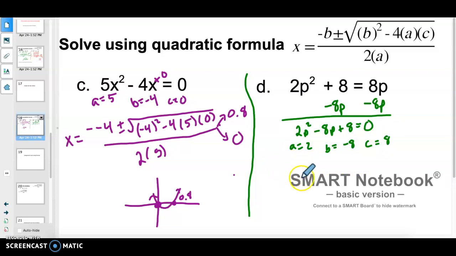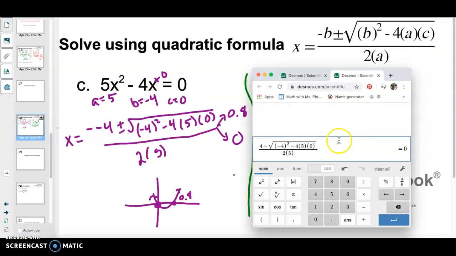So when we plug this in, I know we've got this giant thing in the way, but it's going to look like -8 plus or minus the square root of -8 squared, make sure you use the parentheses, minus 4 times 2 times 8, all over 2 times a, which is 2. So finally, we're going to type that into the calculator.